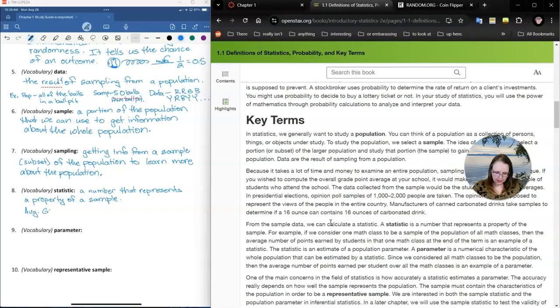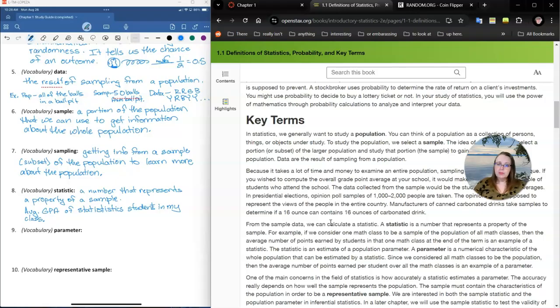So in this case, it could be average GPA of, who would I be interested in average GPAs? Average GPA of statistics students in my class.